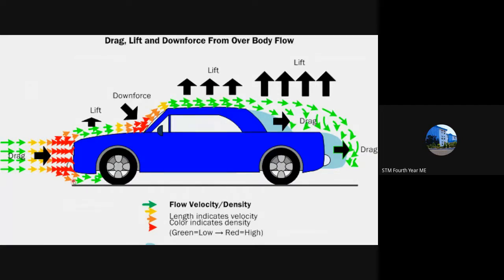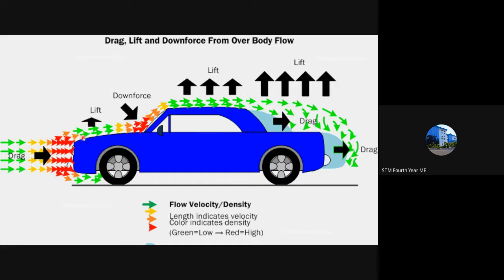So the pressure will be greater at the bottom of the car rather than at the top of the car. Due to that, the high pressure always tends to move to a region of lower pressure, and this in turn provides a lift on the car. Okay, that is how the aerodynamic lift occurs.